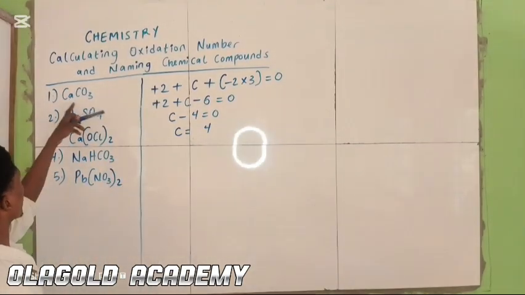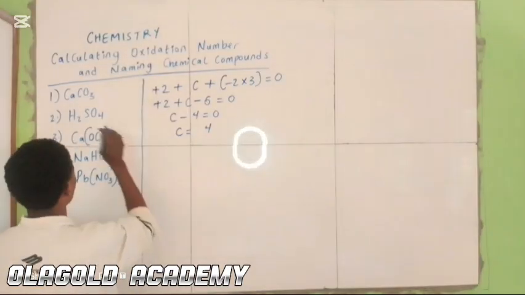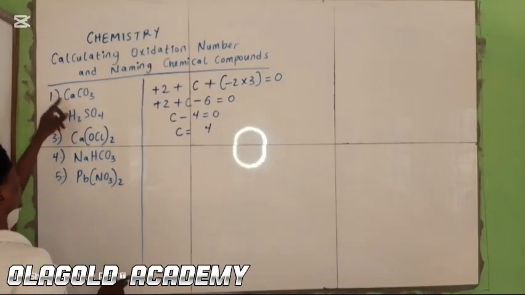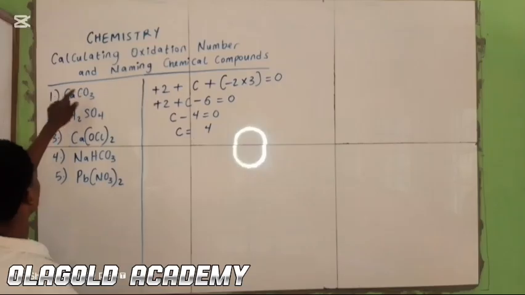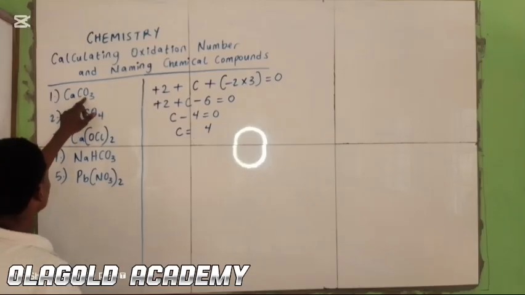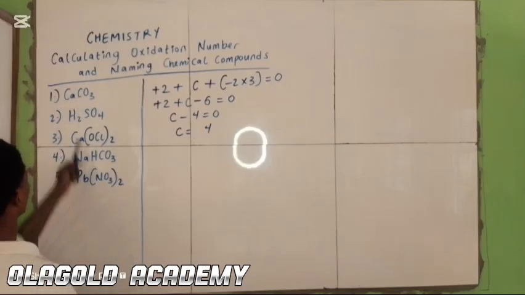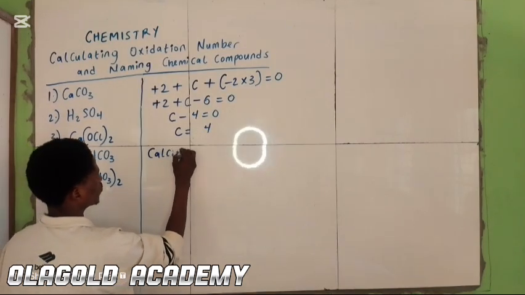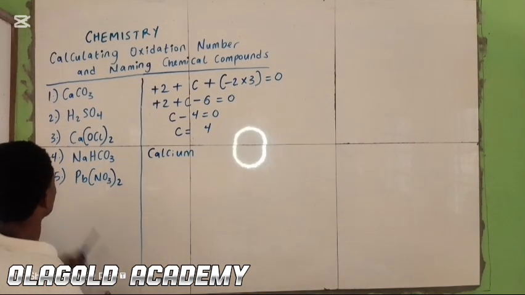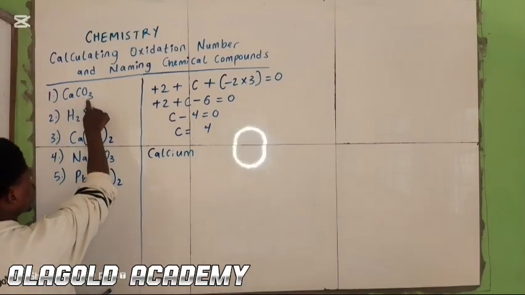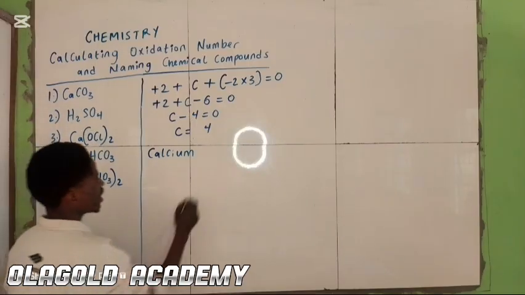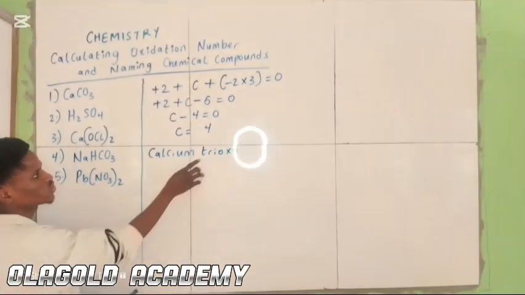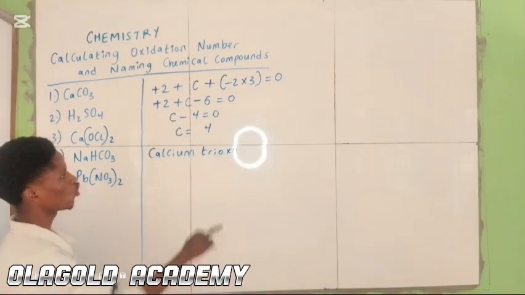To name this kind of compound, I'll take this one first, then I'll come to the last one, I'll now combine the last 2 together. I'll pick the first one, which is calcium. The last one is O3. That will be triozo. Tri is 3.